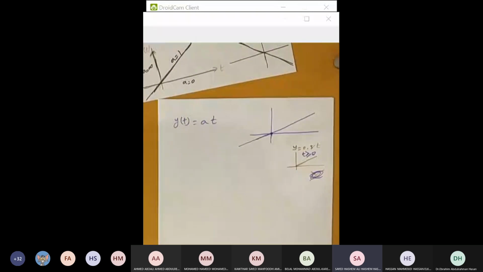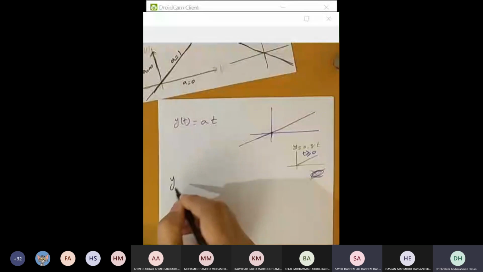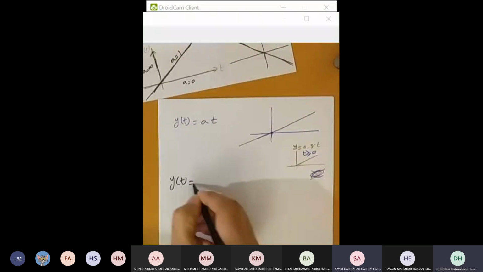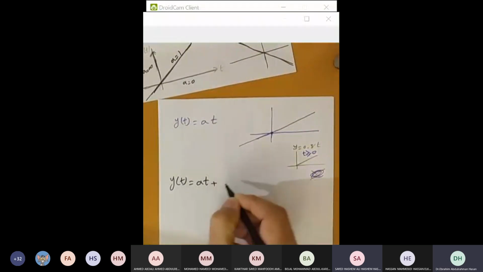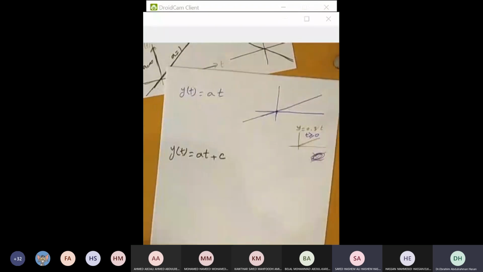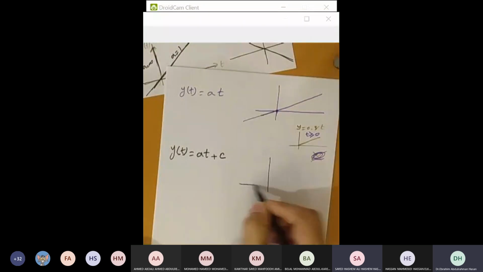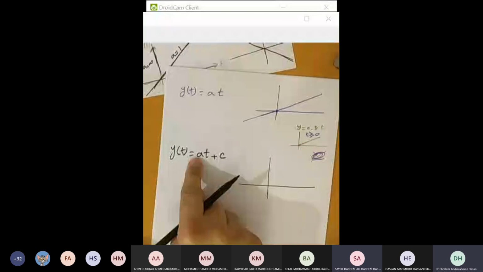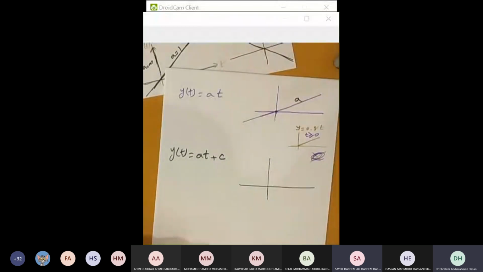What about this one? y of t equal to at plus c. What will happen to this line? This is the slope, so the slope will be exactly the same.